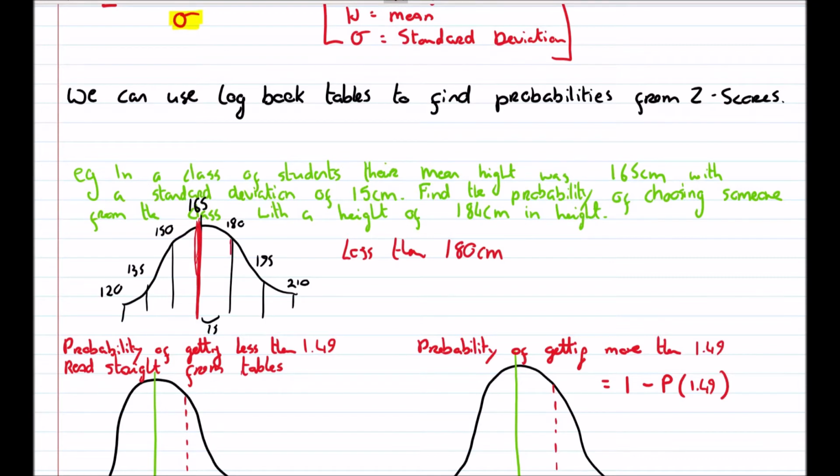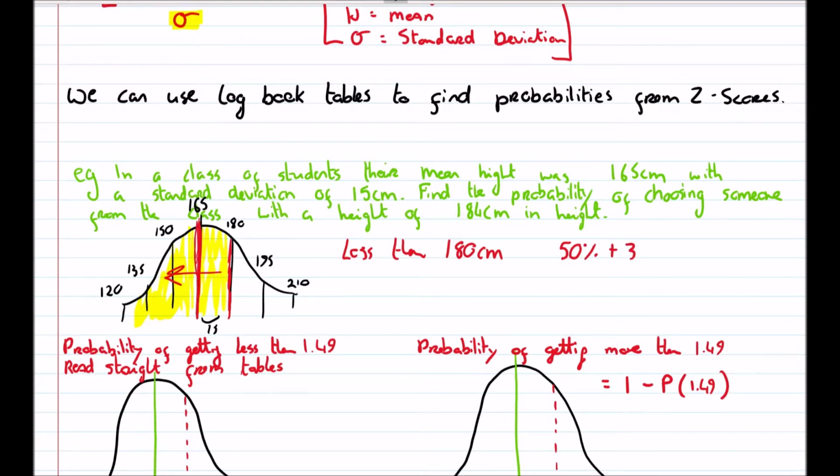Right, so we're looking at getting a person less than 180, so it's from one standard deviation back this way. Well, here we have 50%. Okay, so we definitely have 50% of it. Plus, and we know that this is 34%, because one standard deviation either side of the mean is 68%, and half of that is 34.